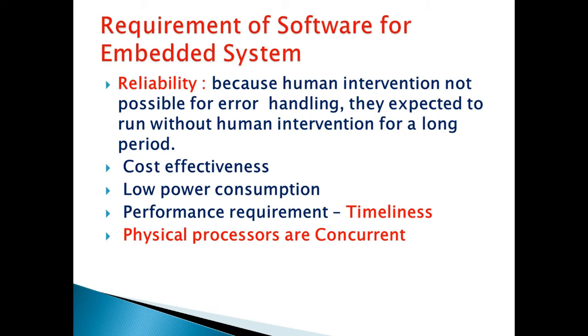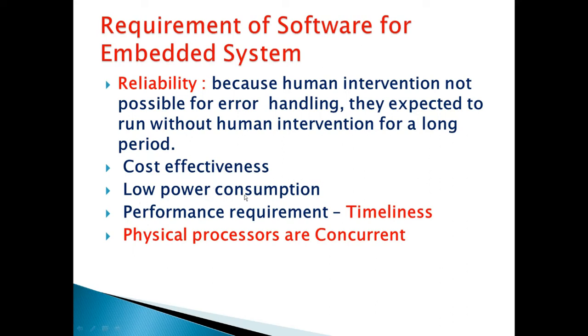Reliability. The most important one is reliability, because human intervention is not possible for error handling; they are expected to run without human intervention for a longer period. This is reliability. Cost effective: the cost must be low, with low power consumption. Performance requirement is timeliness.